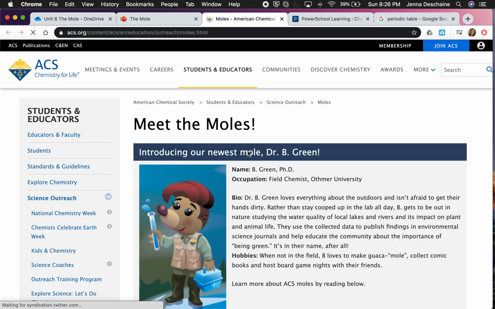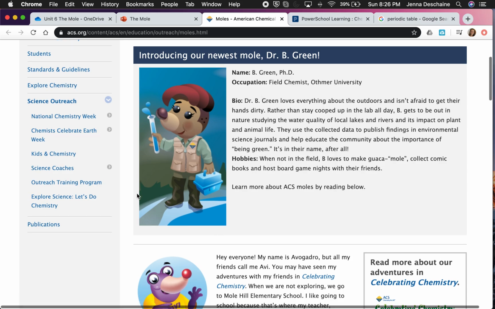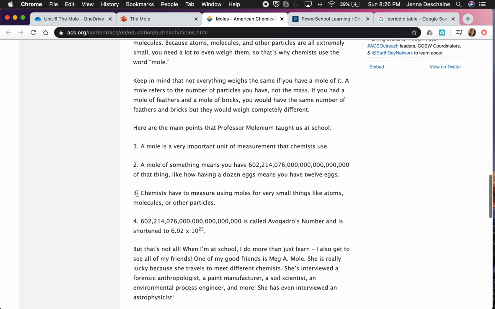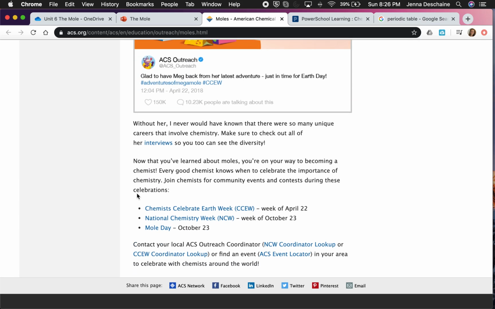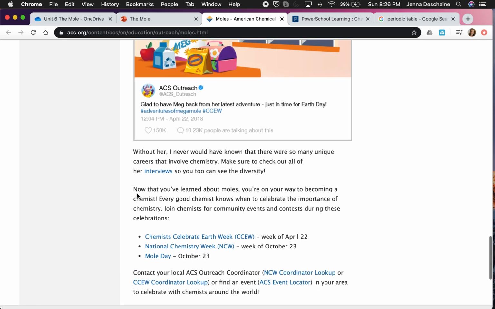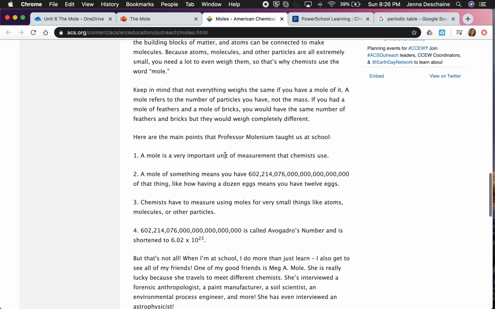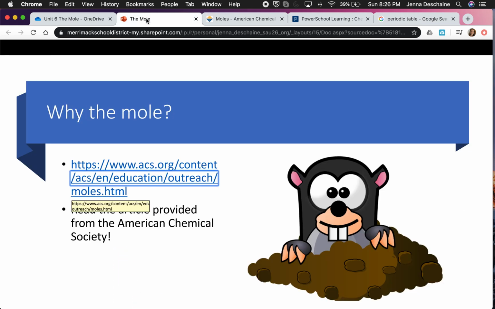Let me take a quick look at it. See, how can you not read that? Look at this thing. All right, so this explains the mole, and it's very easy to read. Not saying that you guys aren't capable of difficult reading, but sometimes the mole is difficult to understand, and so this is super helpful. I really enjoyed reading this article, so I think that you will too.